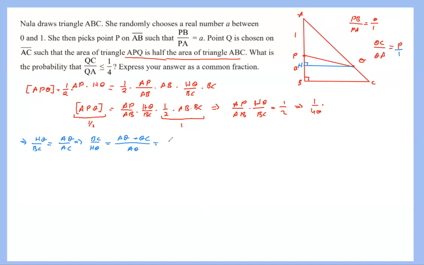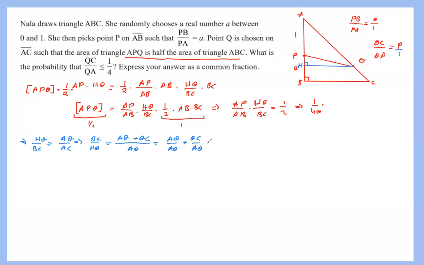And if you split it, you will get AQ over AQ plus QC over AQ. And then you may skip this piece if you are really good with similar triangles, so we can just get this immediately.